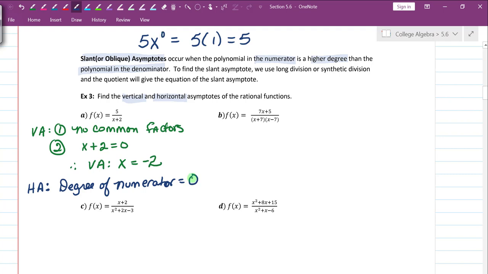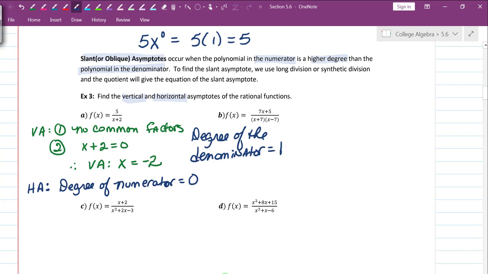Now we need to look at the degree of the denominator. The degree of the denominator is equal to 1. So the degree of the numerator is 0 and the degree of the denominator is 1.